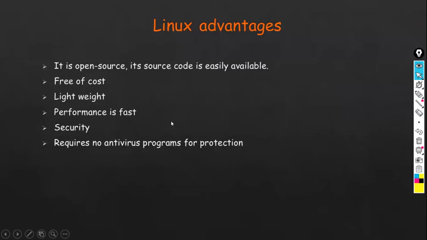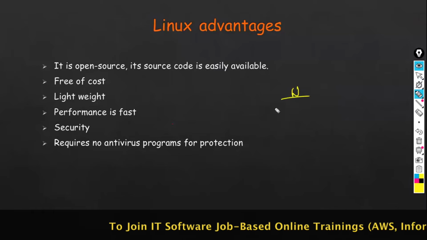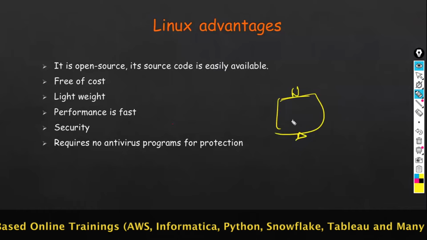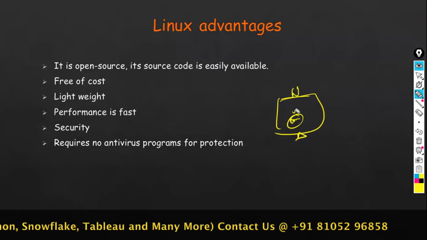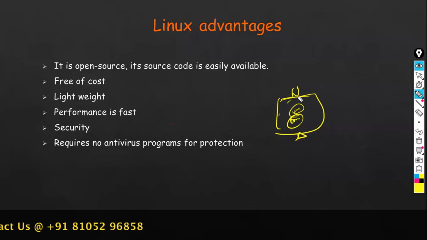Next, security. Compared to the Windows operating system, Linux is highly secure. Nobody can hack the Linux operating system. It requires no antivirus programs for protection. That means, in the Windows operating system, you downloaded Google Chrome software, and along with Chrome, a virus also got downloaded.